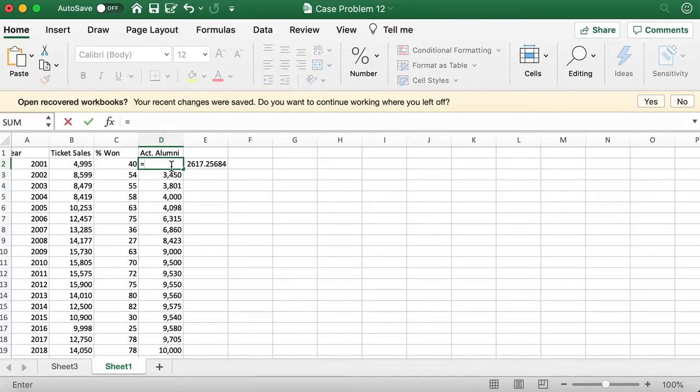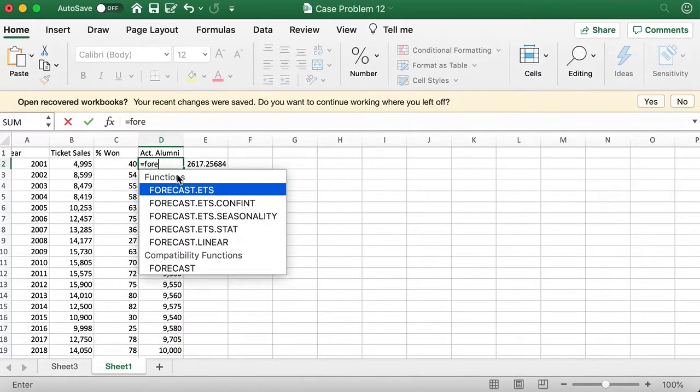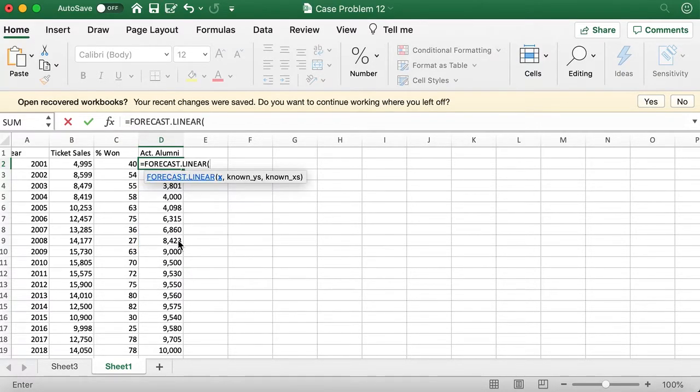To forecast this variable, we would use the forecast function, and we would select forecast linear. We would select the value of our ticket sales that we're trying to figure out. So at ticket sales of 4,995, what is going to be the output? Our output is going to be the active alumni.